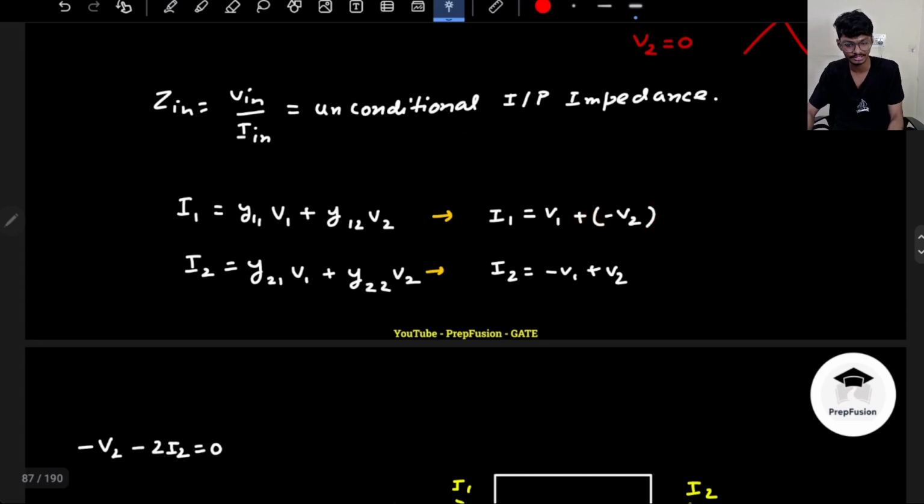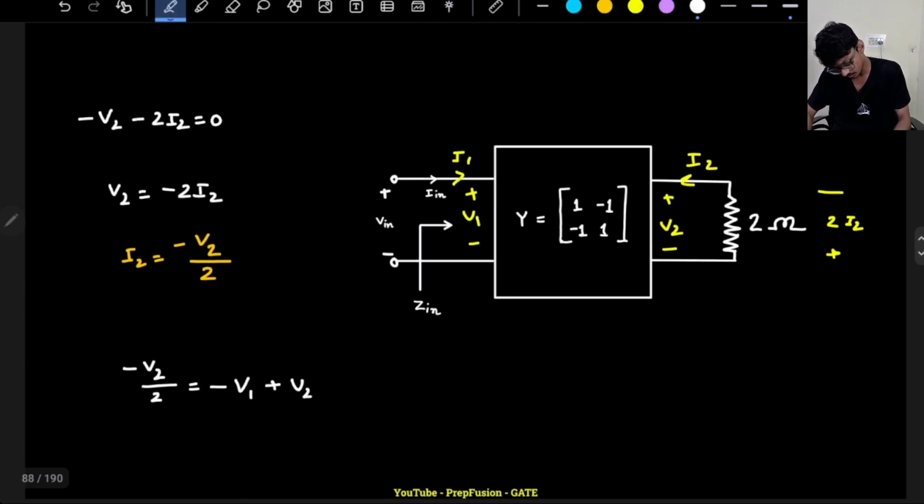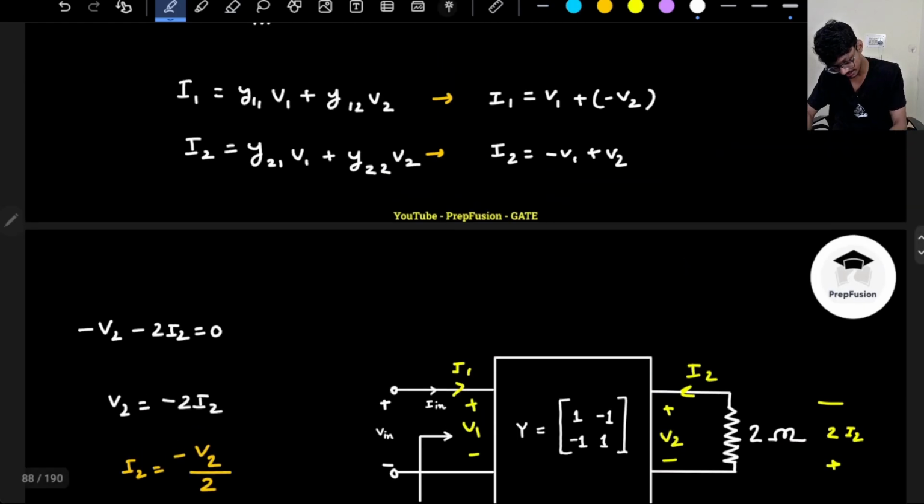So ultimately I will get the ratio of V1 by I1. V1 is equal to 3 V2 by 2, or V2 equals 2 by 3 V1. So V2 I can replace over here.